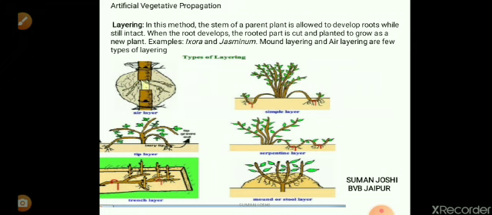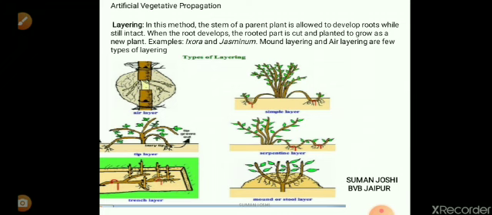But if the stem is hard and it cannot be bent, then we will use another method of layering that is known as air layering, and it is also known as gutti. Where on the stem, the outer bark and the outer layers are cut.